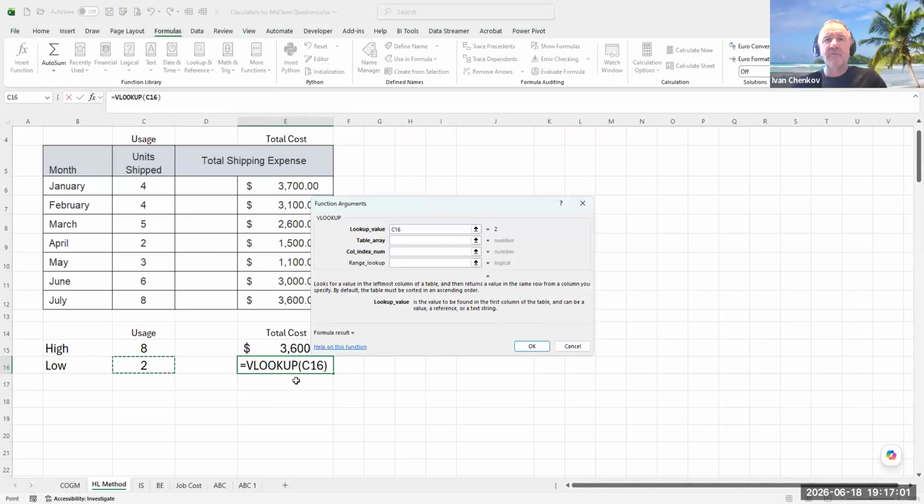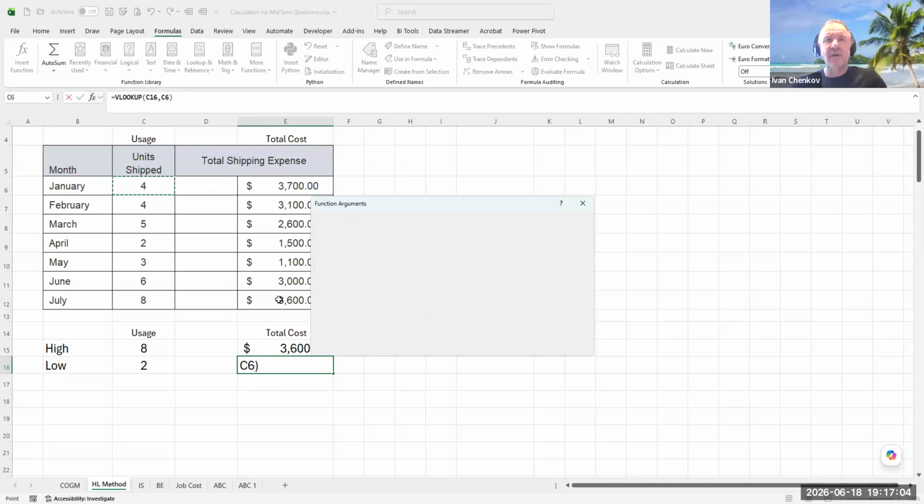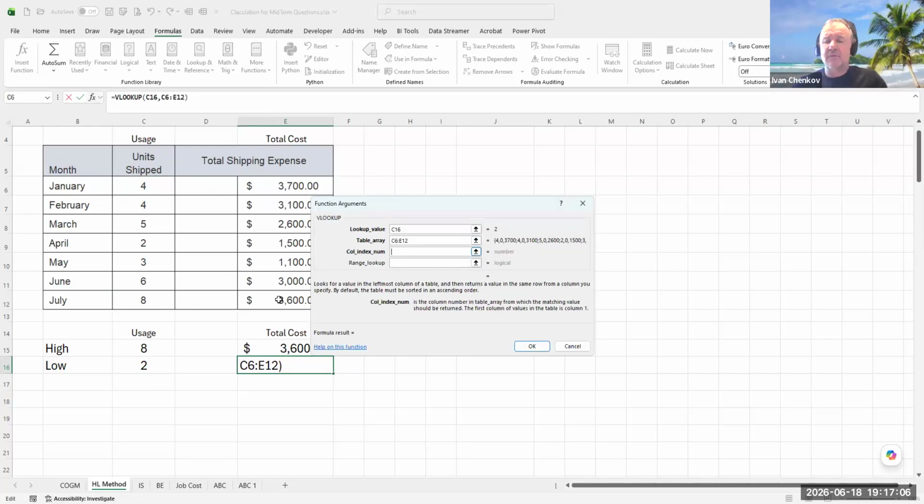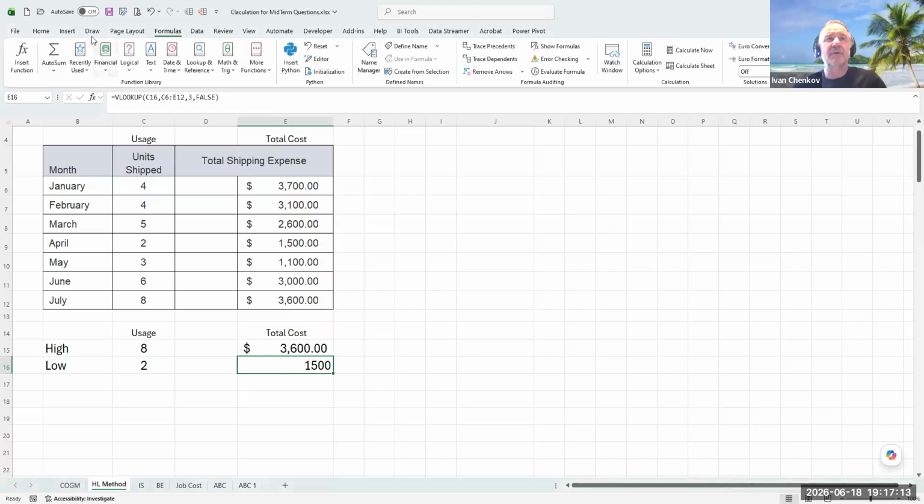We're going to look for this value in this table array, and once we see 2, we get the information from column 3, otherwise it's false. And we're getting that number as well.